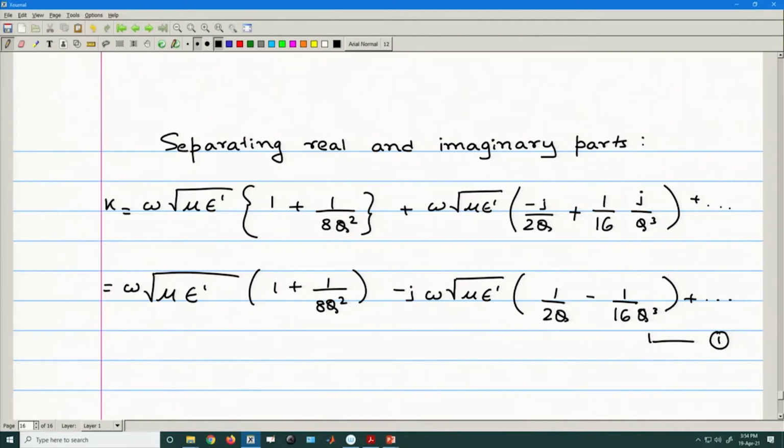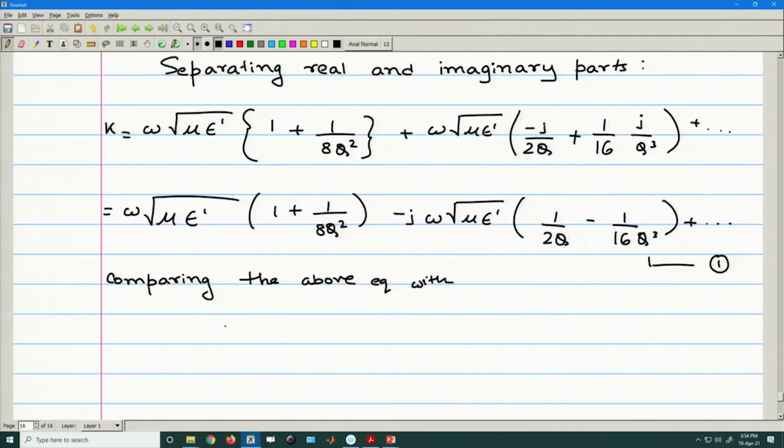Now comparing this equation 1 with equation 2, we know k is written as k equals k prime minus j k double prime.